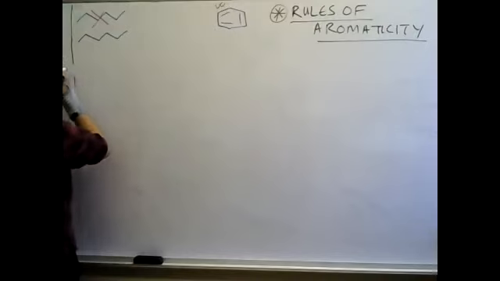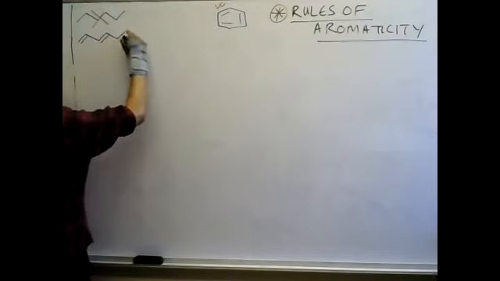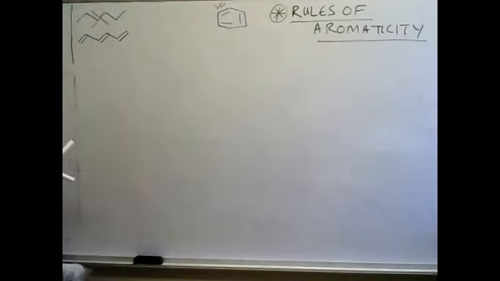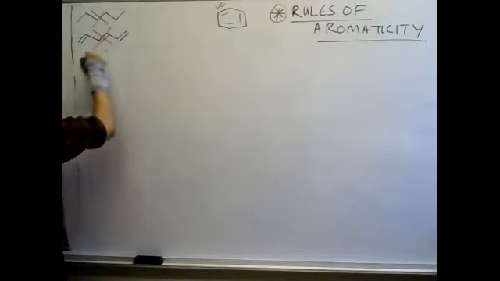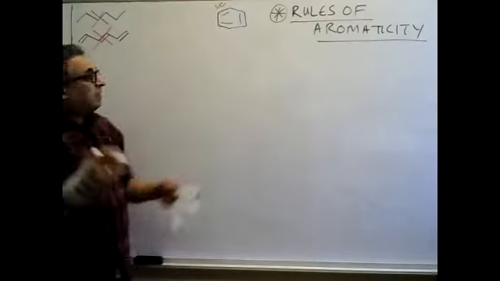Even this guy is not. Think about how you would name this species. It's got alternating double bonds, but it's not aromatic. Cross means not aromatic. Two check marks means it's aromatic.